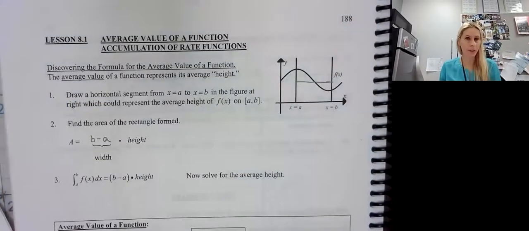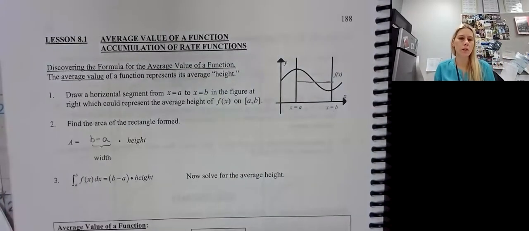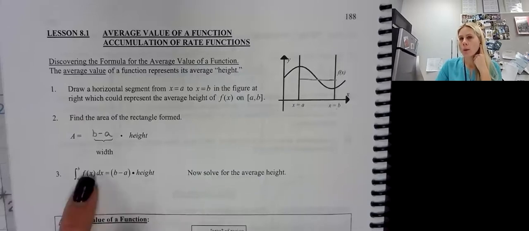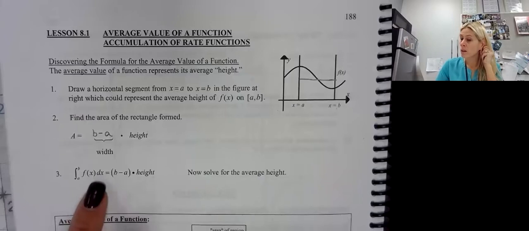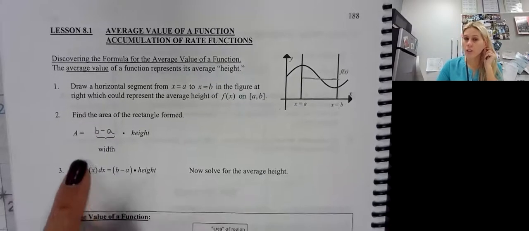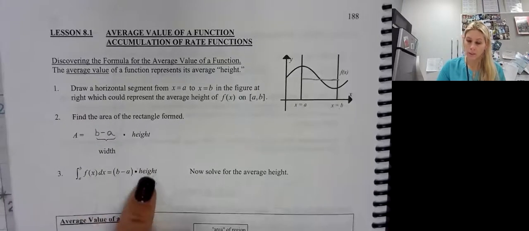Now here, we have the integral of f of x equals B minus A times the height. And now we're going to solve for the height, because don't forget, the area under the curve should equal the area of the rectangle.